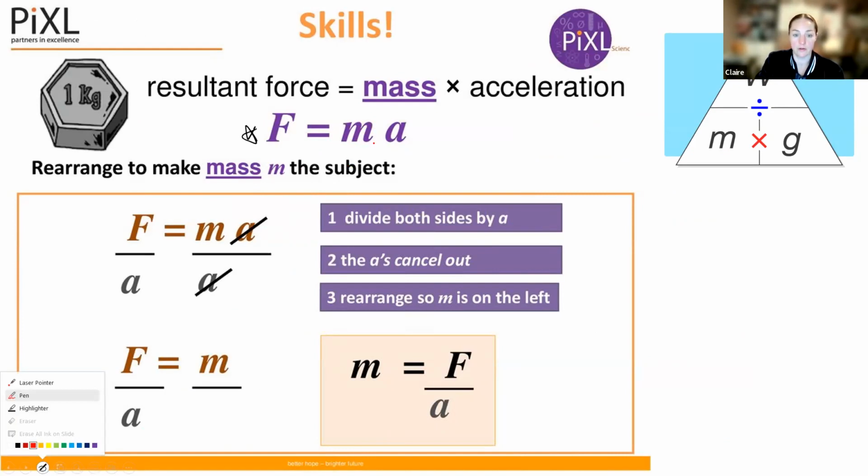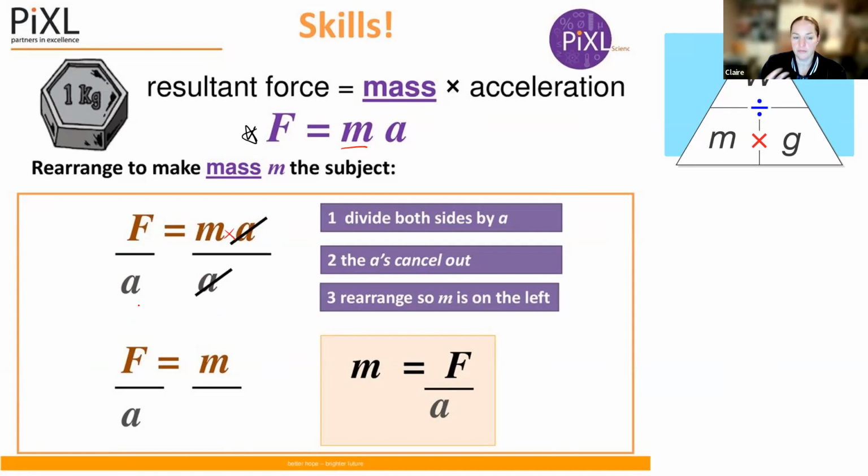So basically, for example, if you need to rearrange it for M, like they've done here, you need to take away the A, and the only way to do that is to do the opposite to what is happening to it. At the moment it's being times by A, so if you divide each side by A, the A's will cancel out, and you'll get mass equals force divided by acceleration.